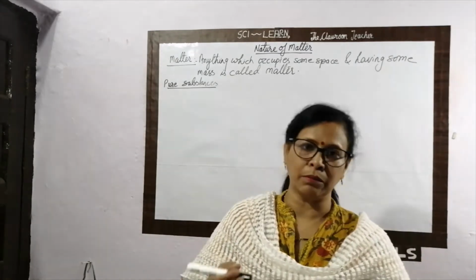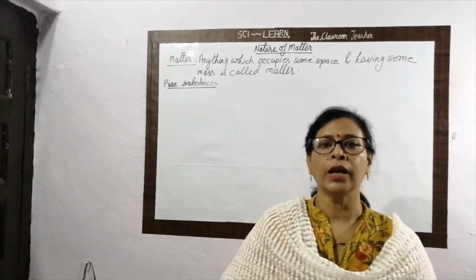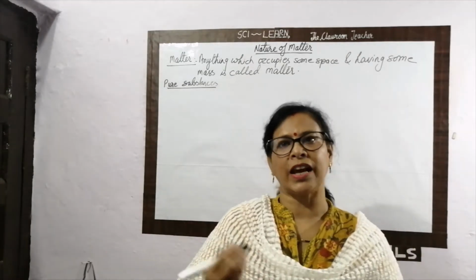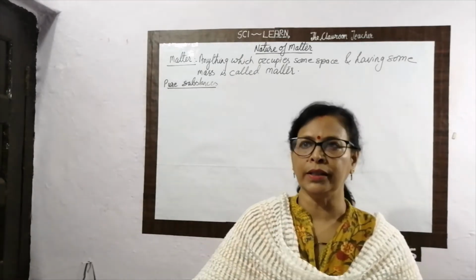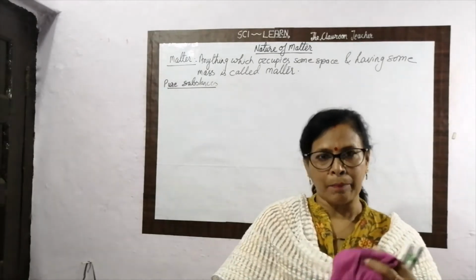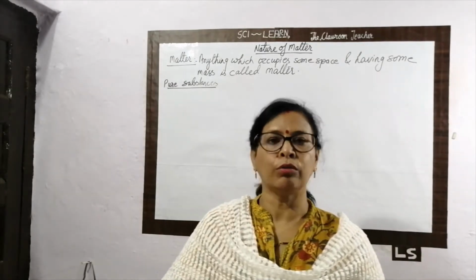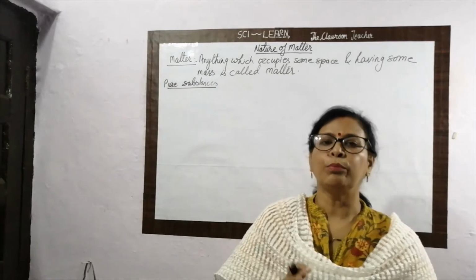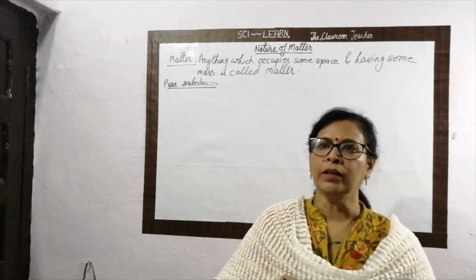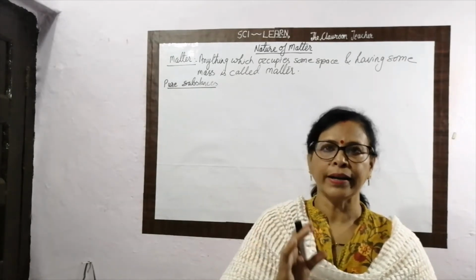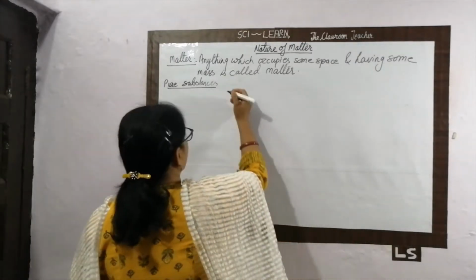Now, what is an atom? I already told this in the bio section. An atom is the smallest substance which cannot be broken into anything simpler. Atoms, when combined together, form a molecule.